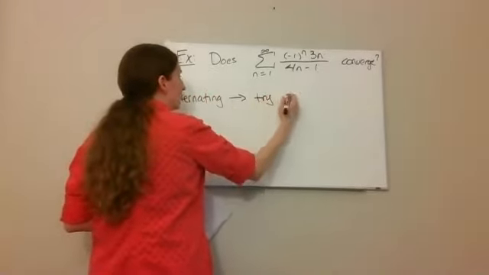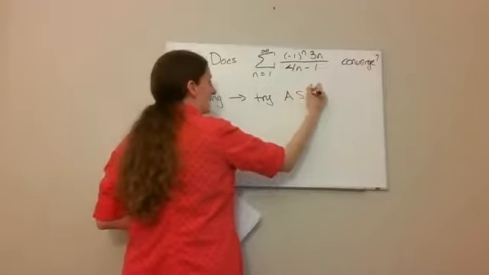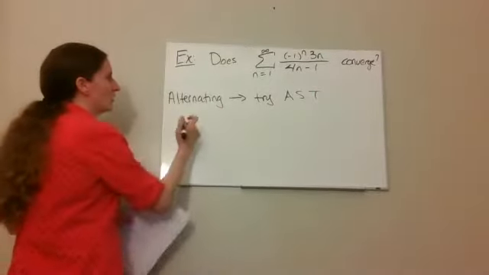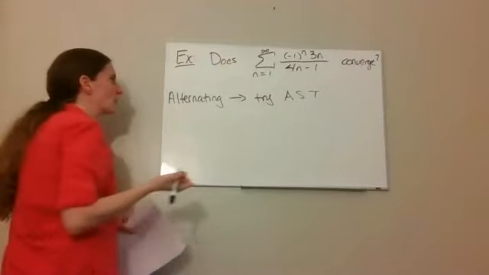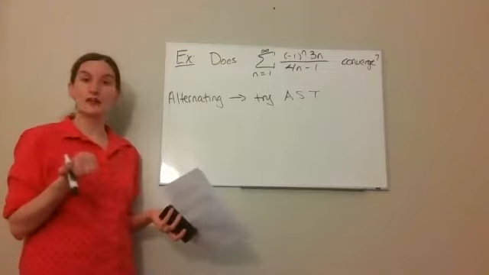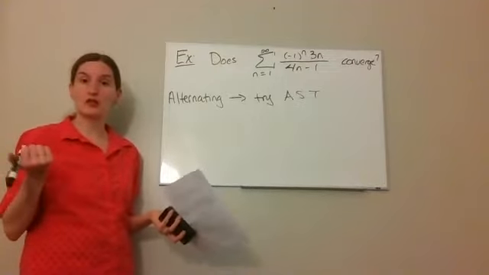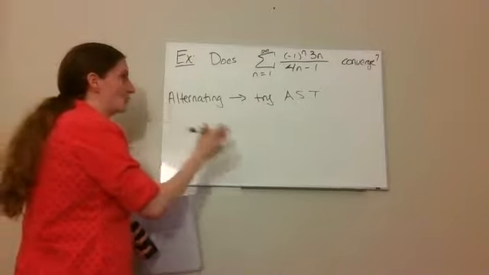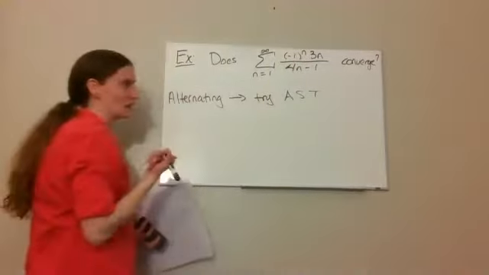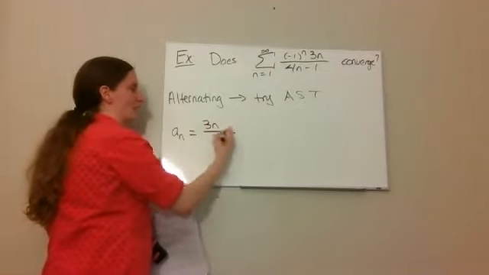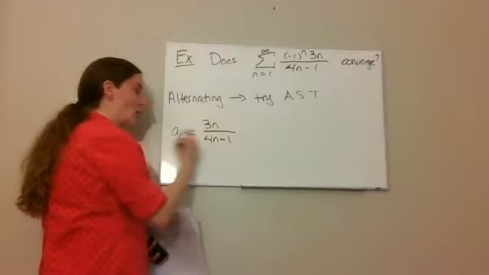So since it's alternating, we're going to try the alternating series test. Unfortunately, there's 2 things that we have to check for the alternating series test. 1, that the limit of the a_n goes to 0, and 2, that the terms are decreasing. I can tell you right now, when I ignore this little -1 to the n, a_n is 3n over 4n minus 1.